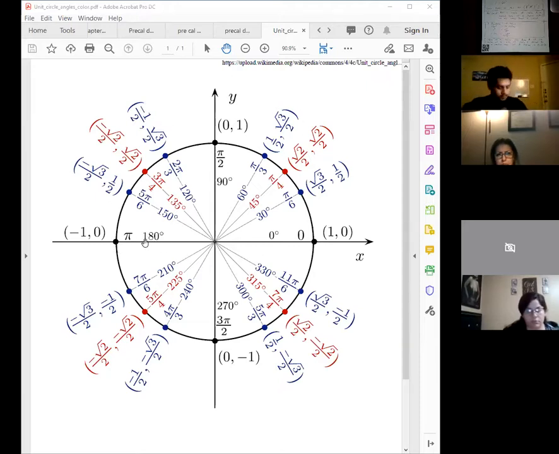So a radian is the representation of these degrees right here. So pi is the same as 180 degrees. So 5 pi over 6 radians means 150. Pi over 2 means 90 degrees. So that's what we mean by radians. It's the measurement of the angle that we made by sweeping across.